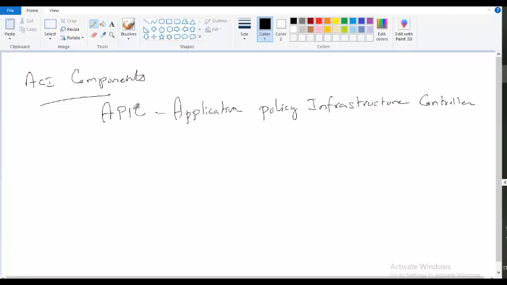Now, APIC is the brain of the ACI fabric. This is very important. Without APIC, you cannot configure ACI. So, APIC comes in a cluster. APIC is a cluster of 3.